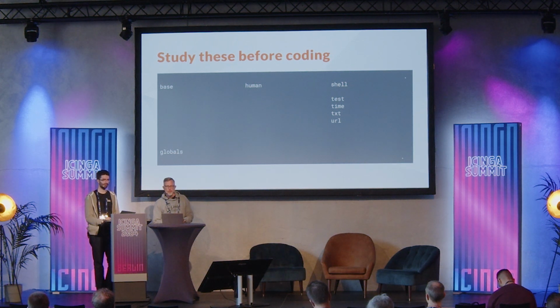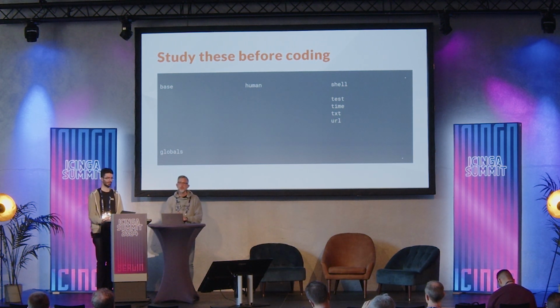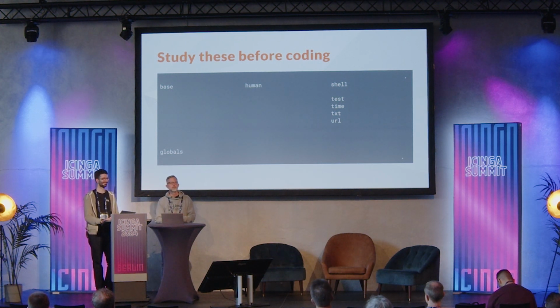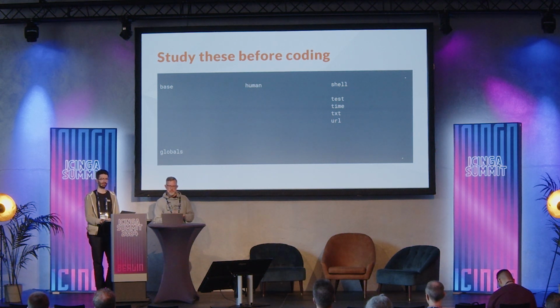Human converts raw numbers, times, and more to a human-readable representation. Shell communicates with the shell. Test provides test functions for unit tests. Time provides datetime functions. Text, obviously, is a collection of text functions. And URL, a very important library, helps you get data by HTTPS, for example HTML and JSON, whatever you like.